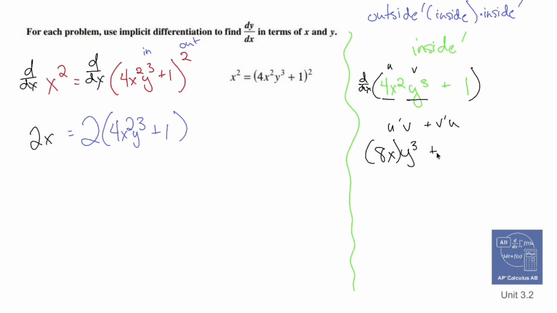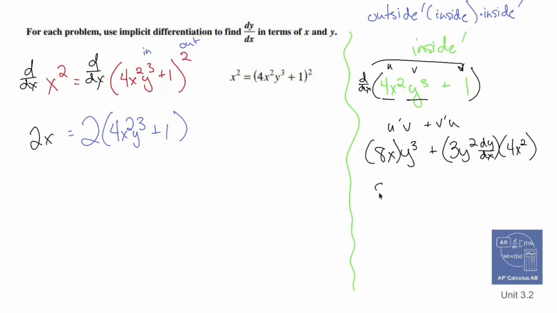The derivative of v is going to be the derivative of y cubed with respect to x. That's going to be 3y squared, but since we're taking the derivative of a y, you attach dy/dx to it. Multiply that to u as is, so 4x squared. And then what we haven't done yet is the derivative of 1, which is nothing. So let's clean this up.